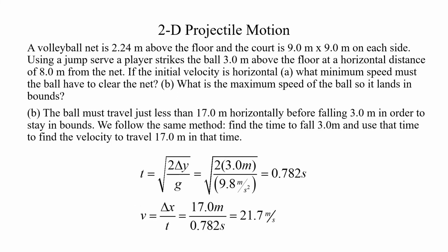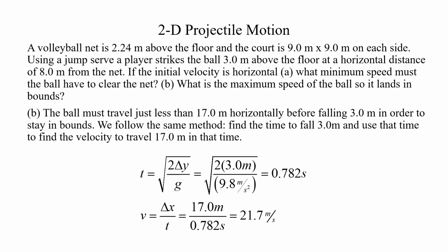All right, so we saw that it had to be going at least 20.3 meters per second to clear the top of the net. Now, if it goes faster than that, it will clear the top of the net. But if we go too fast, it will go beyond the boundary on the opposite court before it falls to the ground, and so it'll be out of bounds.